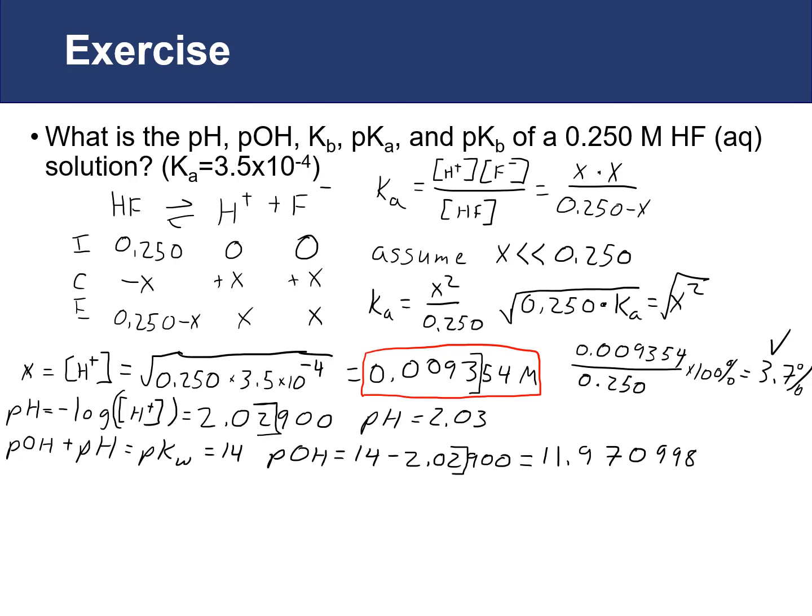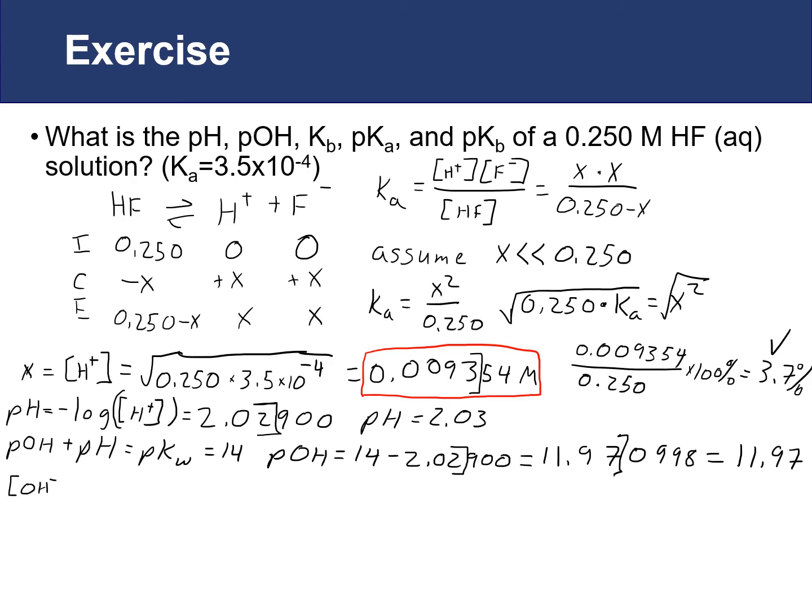In terms of significant figures, the 14 actually would have more. It would be 14.000. Minus this has 2 decimal places, and so our answer would be accurate to there. So our pOH would be 11.97.